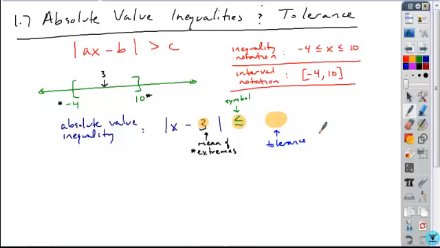And this is the distance that can exist between the average and the extreme. So what is the distance between the average and the extreme here? From 3 to 10 is 7. And that should be true here too, right? From 3 to -4 also has a distance of 7. So that is the tolerance that you're looking for on those.